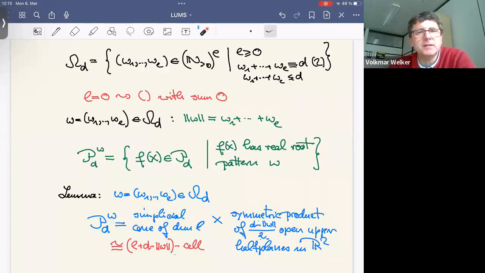Now, the second ingredient is the complex numbers. They are the complex roots that you don't see. And of course, a truly complex root of a real polynomial comes with a sibling, its conjugate root.